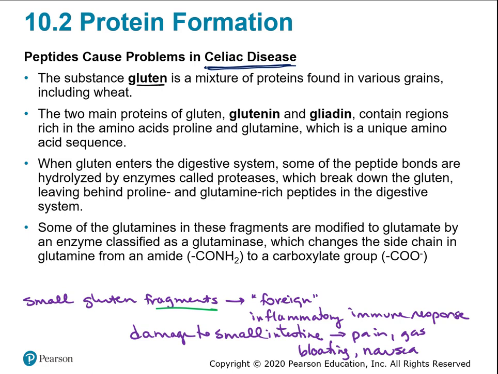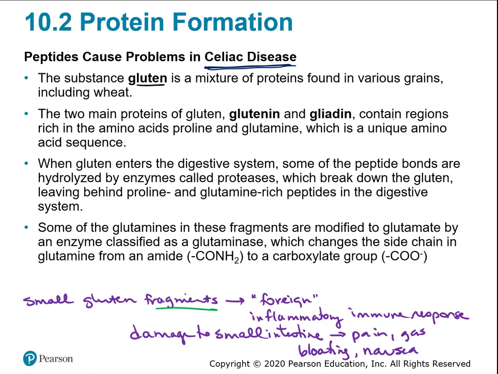If you have celiac disease and you eat things that are wheat products, your stomach digests the protein from that grain, the gluten protein, and it creates pieces because you have this long protein chain and the digestive enzymes in your stomach break it up.